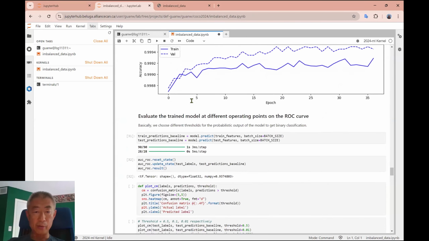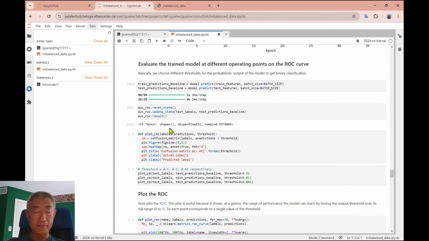But here, when we evaluated on the test data, we got below 0.94. That's because each dataset has different configurations of the samples, and also because the test set doesn't have too many positive samples, if I remember, kind of below 100.